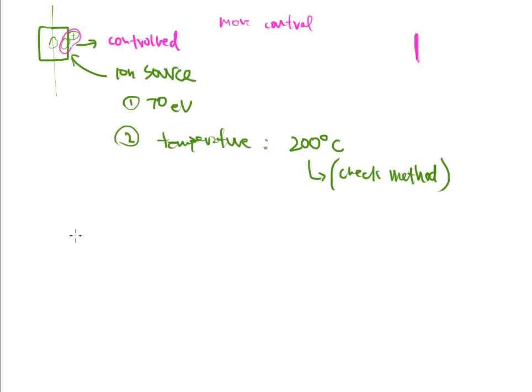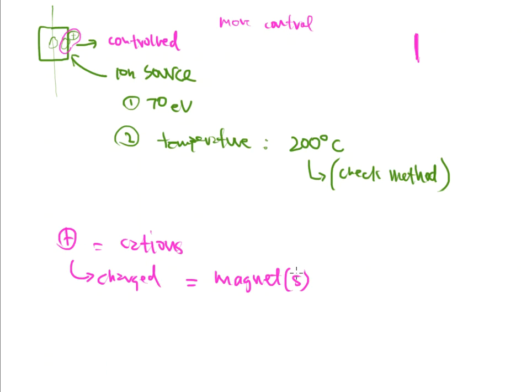Well, the way that we do that, if we're working with positives, and remember, those are cations, and we're calling them molecular ions just to sound fancy, but these are charged compounds. Anytime we deal with charged compounds, one of the ways that we can control them is using a magnet or a series of magnets.